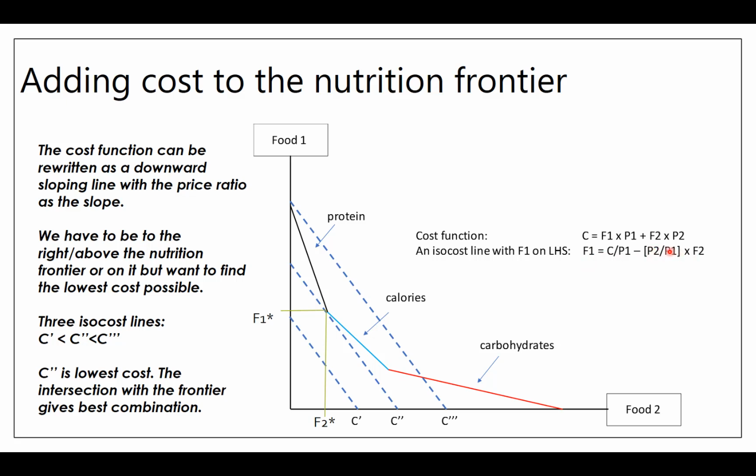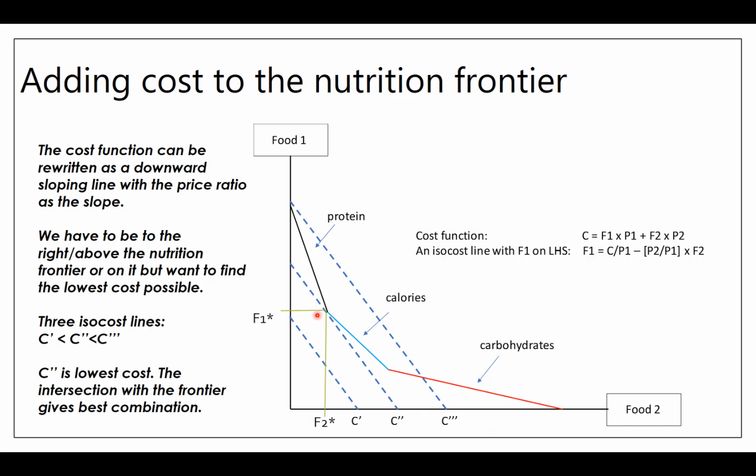So you end up with the slope being the price ratio. That's our standard result. And then you end up with the intercept being C over P1 of this equation. And then, of course, F2 is the choice variable.